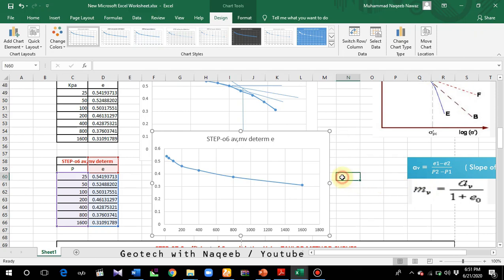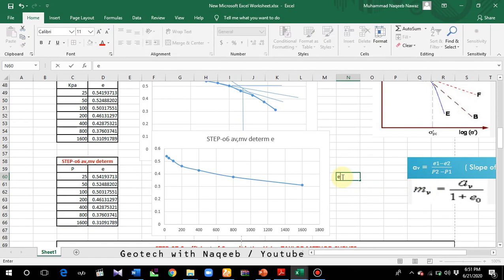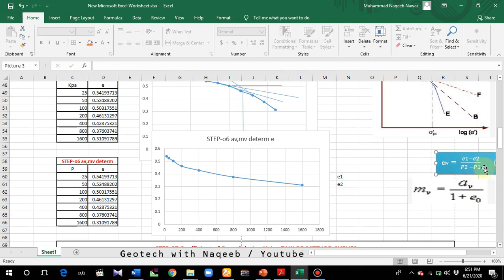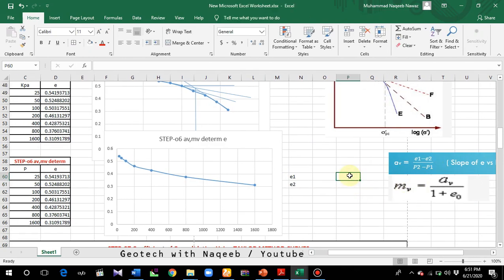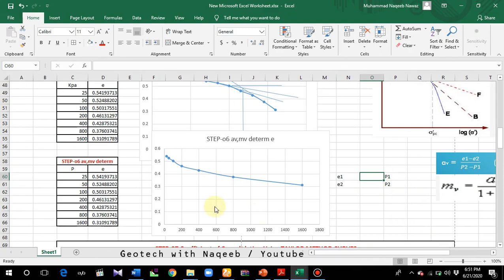So if I select e1, e2 and then p1 and p2, let's say I will be selecting the values against 100 and 200 kPa.